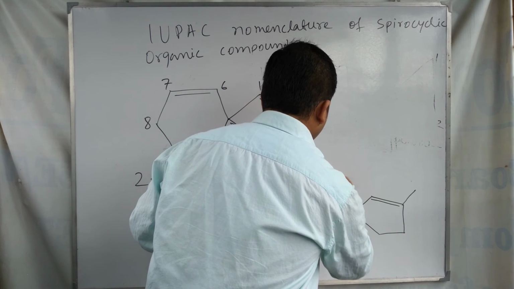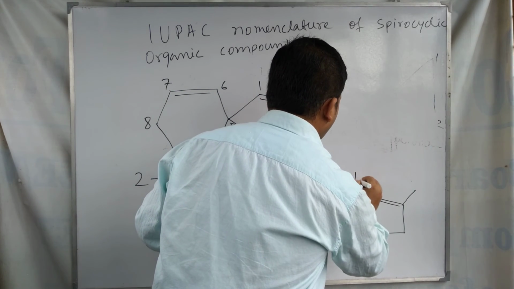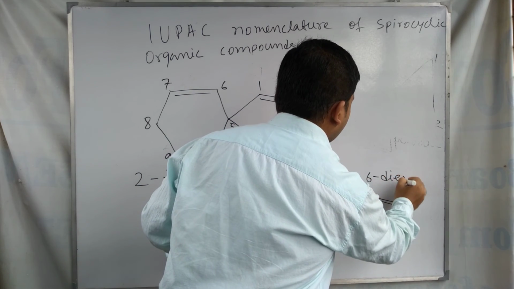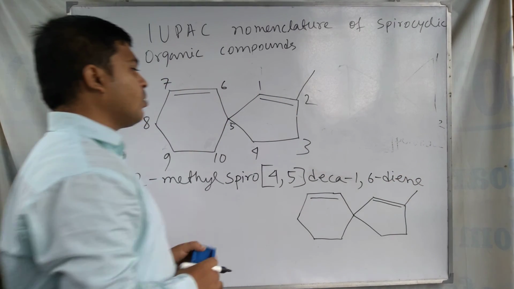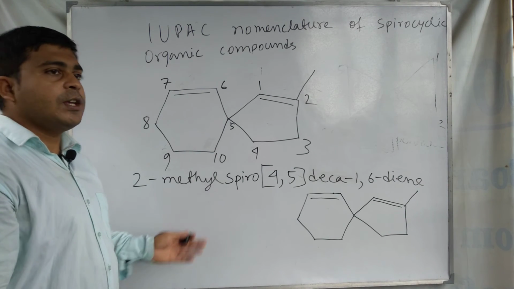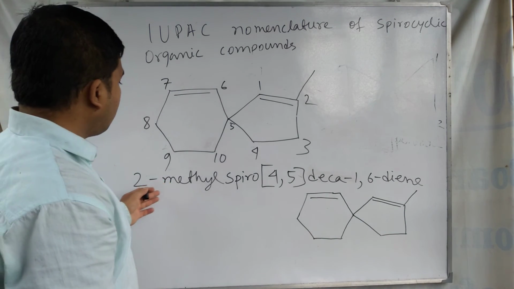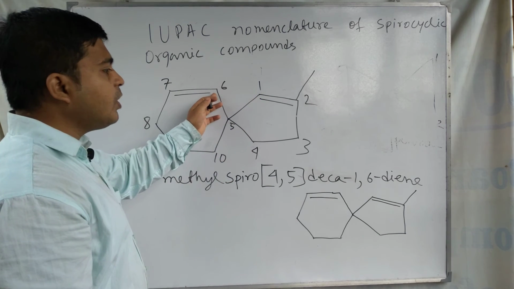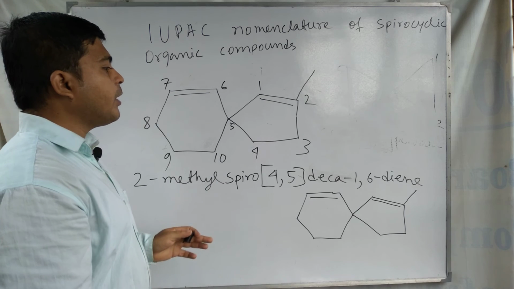So that means deca 1 6 diene, because in the 1 position and in the 6 position 2 double bonds are present.